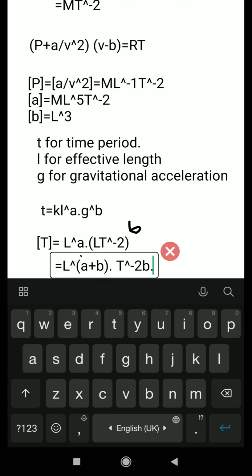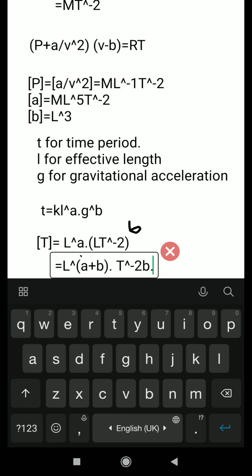a plus b must be 0. Clear? Why a plus b 0? Because on the left side L has no power, that is L to the power 0, and on the right side the power of L is a plus b. As both will be equal, 0 equals a plus b, and similarly 1 equals minus 2b. So from there we get that minus 2b equals 1, so the value of b will be minus half. Clear?